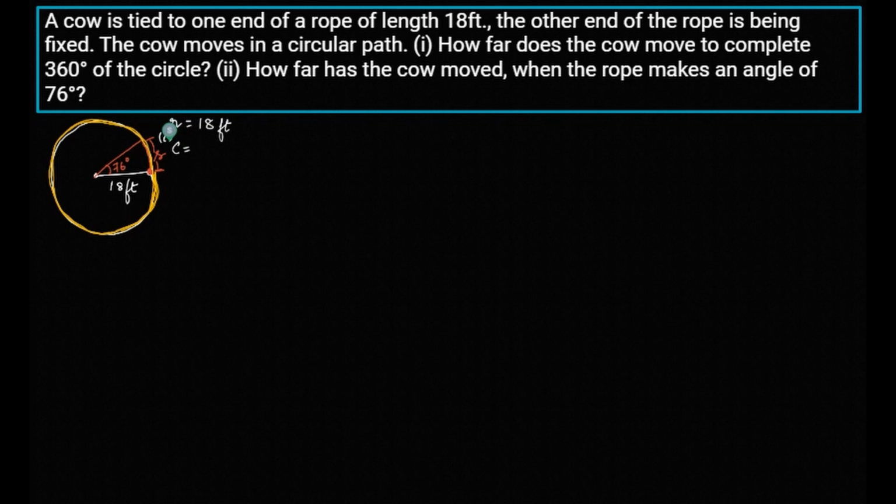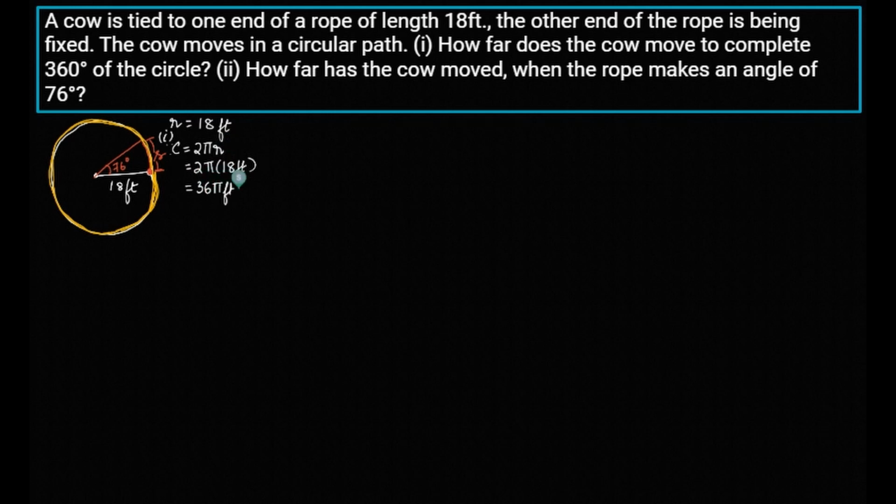So for all, circumference of the circle is equal to 2 pi r, therefore which is equal to 2 pi into 18 feet, which is equal to 36 pi feet.